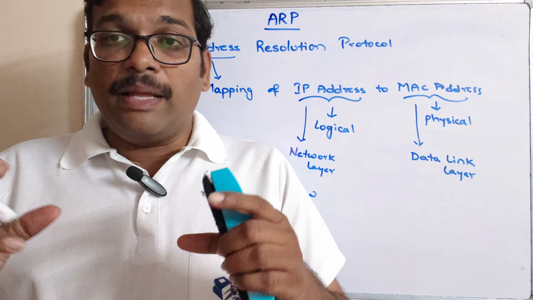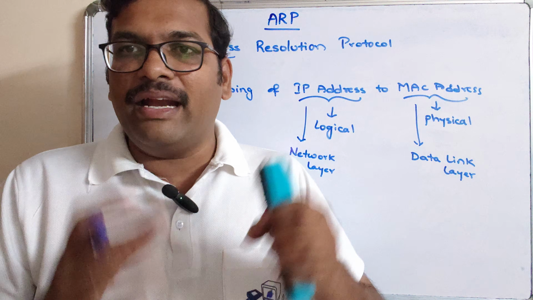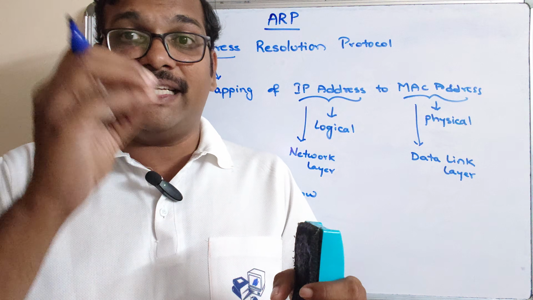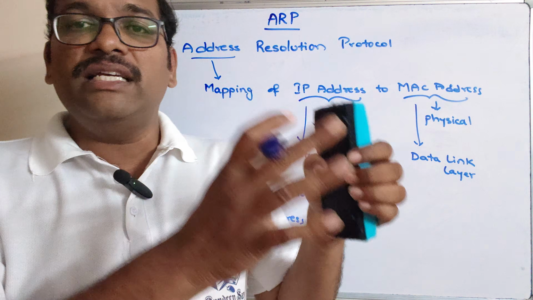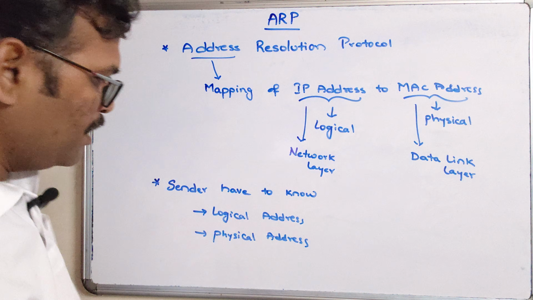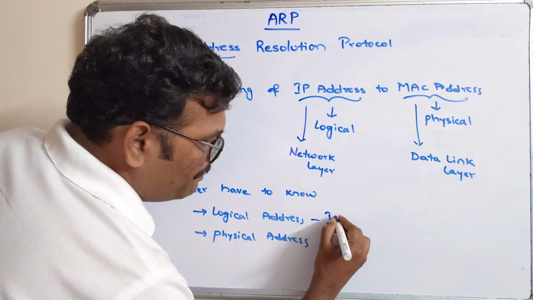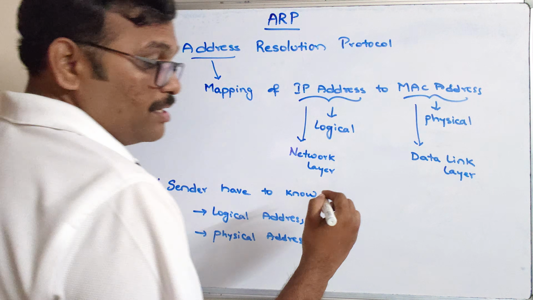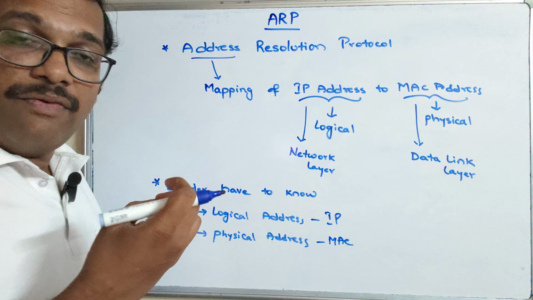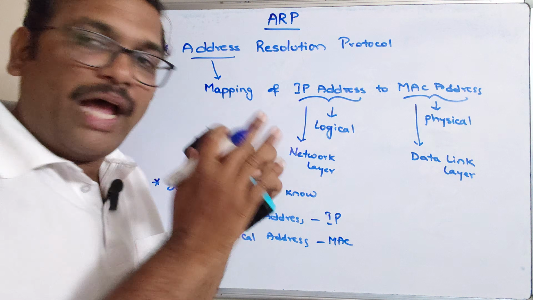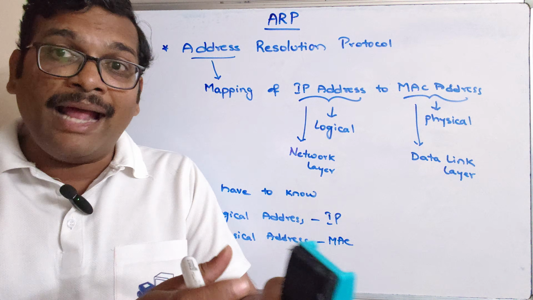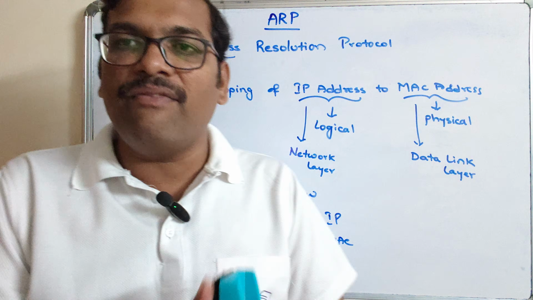Now the packet comes to the local area network. It will be routed to the correct local area network where the destination system resides. So logical address means IP, physical means MAC. Knowing the IP address, the packet will be routed to the LAN in which the IP address is available.